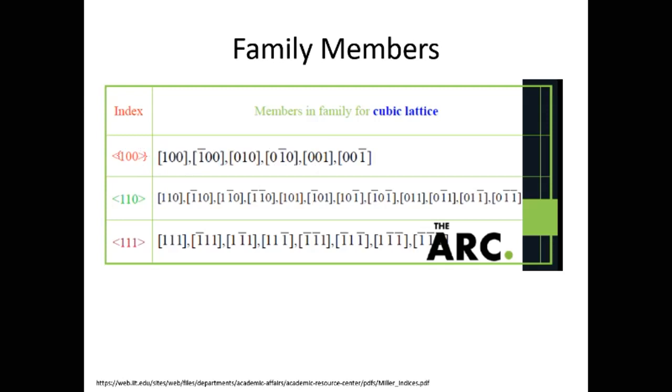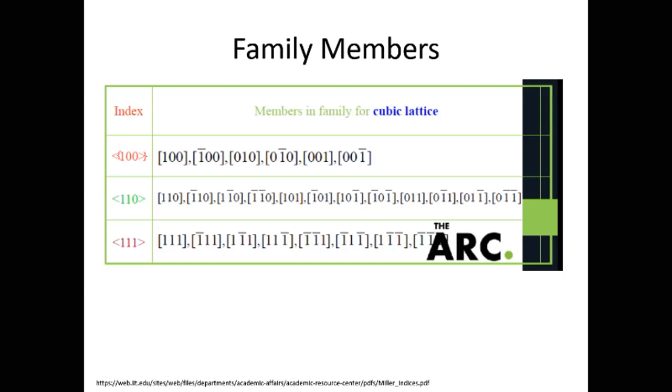And so for the 100 family, it includes all of these reflections. Because again, the reason is that the A, B, and C axes are all the same. So whether you have the 100, the 010, or 001, and their negative counterparts, they're going to be equivalent. Likewise, the 110 family would contain all of these identical reflections.